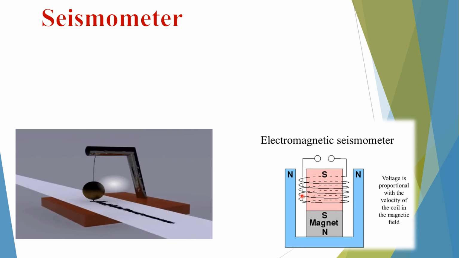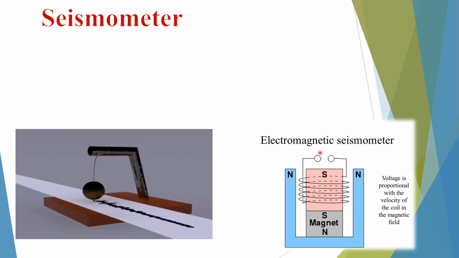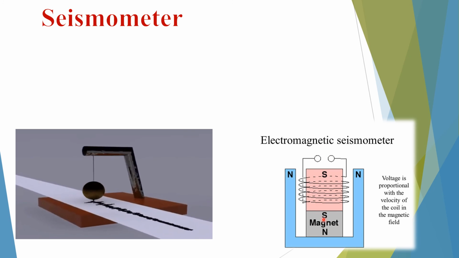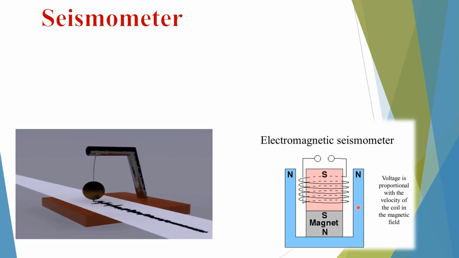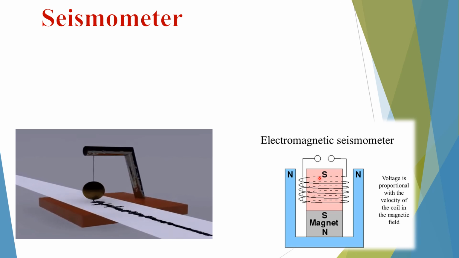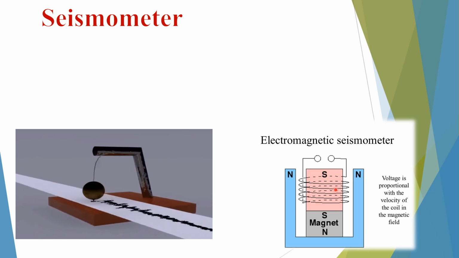Electromagnetic seismometer. Here we have a fixed magnet and a moving coil. This coil can be moved, and this movement of the coil in the magnetic field of the magnet causes an EMF to be induced in this coil. The voltage or EMF in this coil is proportional to the velocity of the coil in the magnetic field.